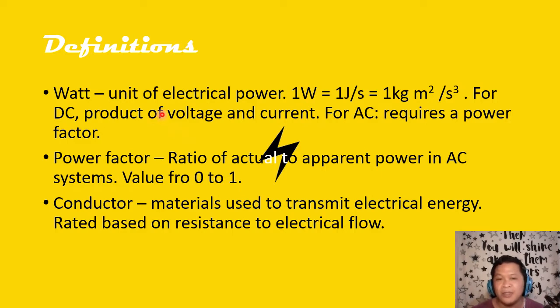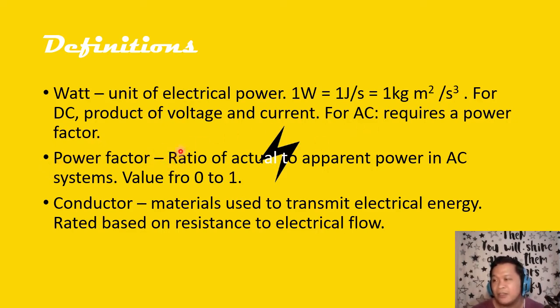So, for example, if I have a 60 volt battery on my electric bicycle and it's currently drawing 10 amperes of current, then I have a power output of 600 watts, which is less than 1 horsepower.